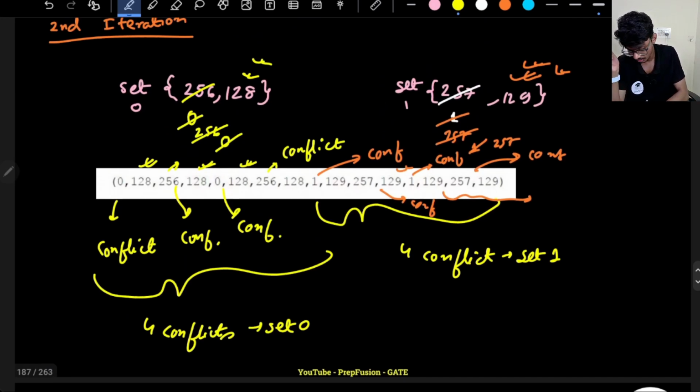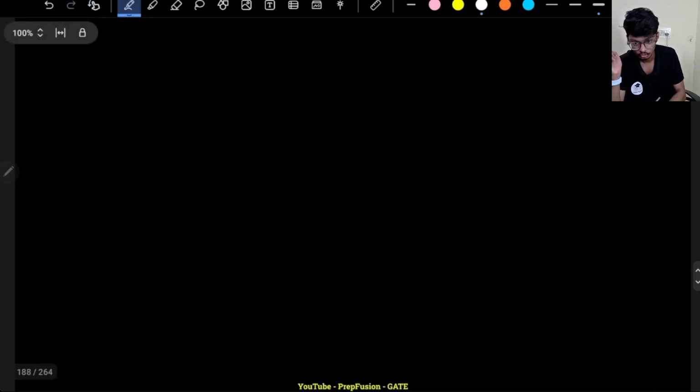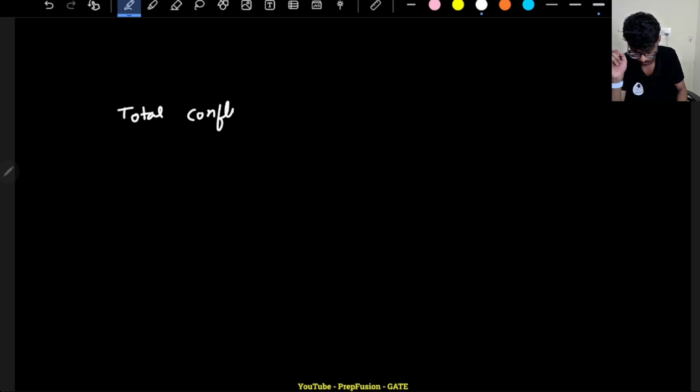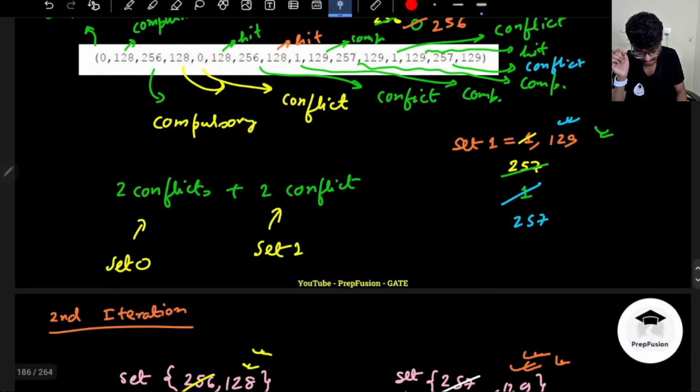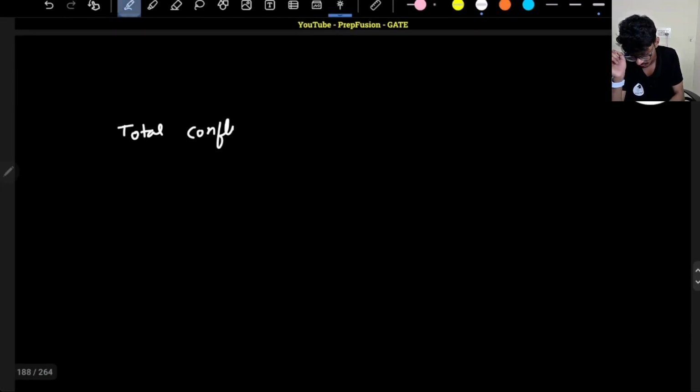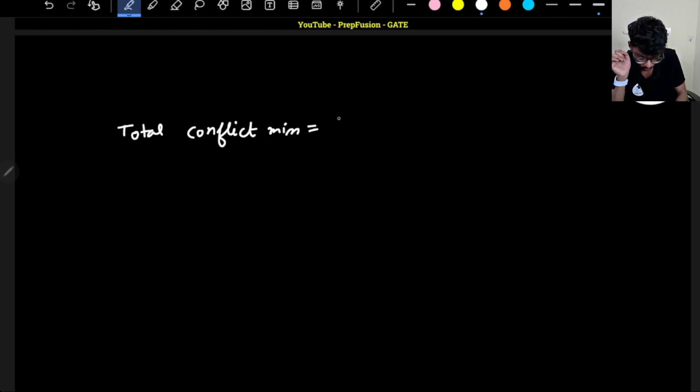Because they have asked in the question the number of conflict misses experienced by the cache, the total number of conflict misses will be 4 for the initial iteration, and then how many iterations do I have left? 9. And in each iteration, how many conflict misses am I having? 4 for set 0, 4 for set 1. So it will be 4 plus 4.